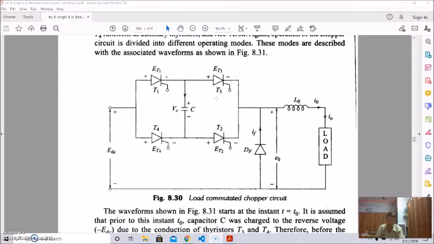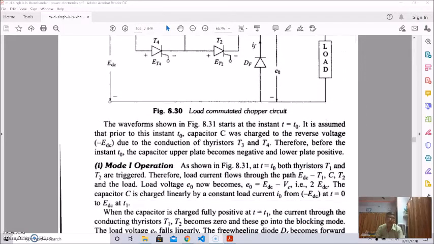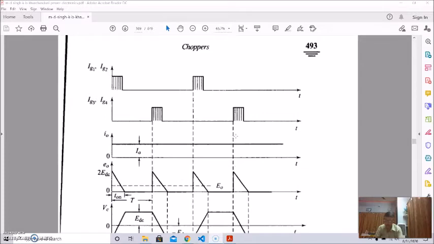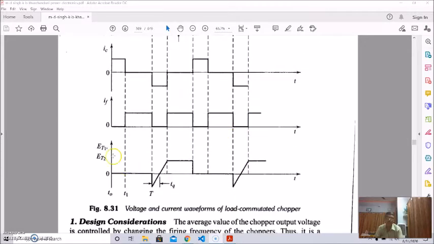Again, the operation of the chopper circuit is divided into different operating modes, and these modes are discussed with the associated waveforms. The waveform starts at the instant t equal to t0.